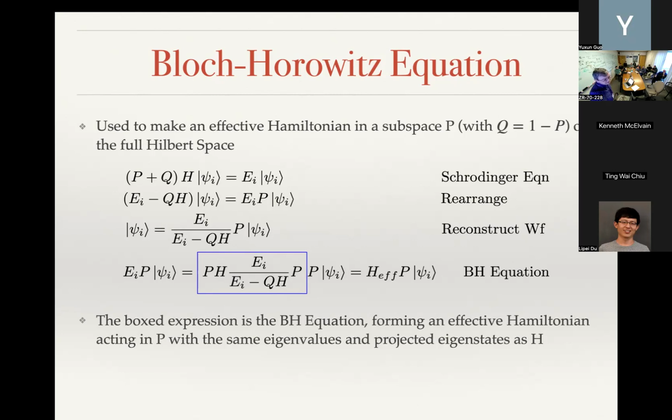Then just reorganize slightly, multiply by the inverse of that operator. And now in this line, I've got an operator that acts on the projected wave function and gives me back the full wave function. You might think, oh, that doesn't make a lot of sense. You threw information away and it magically comes back.